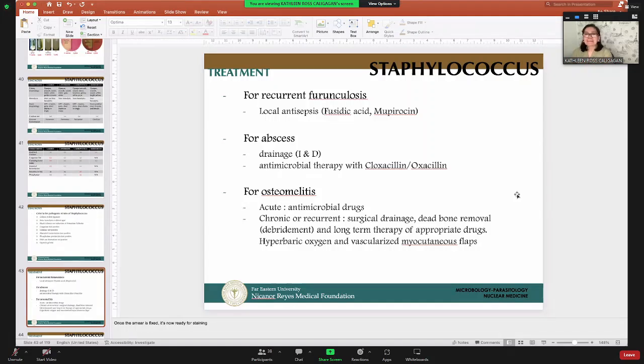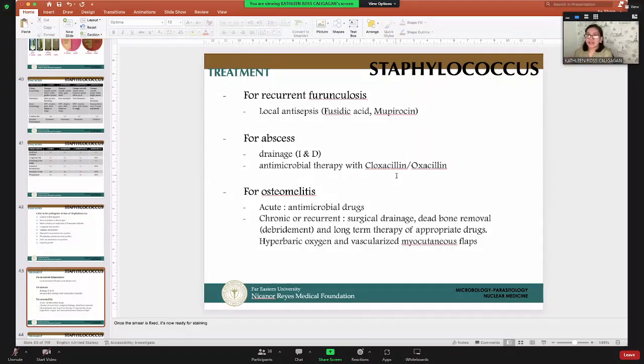Treatment, well, depending on the manifestation, for a simple skin or pyogenic infection, a local antisepsis may suffice, such as fusidic acid or mupirocin. My daughter's favorite is that mupirocin. Okay. For abscess, depending on the severity of the abscess, if these are just small abscesses, cloxacillin or oxacillin may suffice.